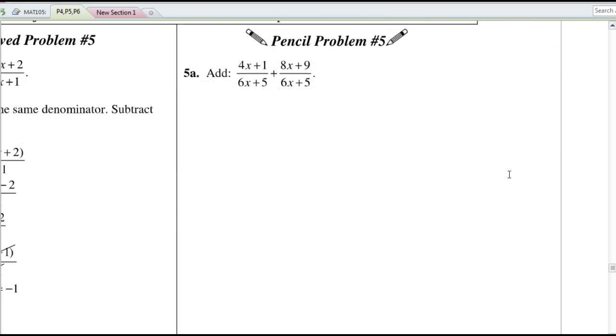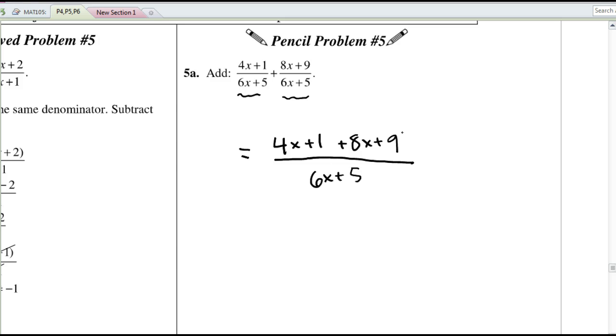So when we add fractions, we have to have a common denominator. So if we do have a common denominator, what we do is we just put the numerators together. So in this expression, notice 6x plus 5 appears in the denominator of both, so we can just add the tops and put it over the same denominator. 4x plus 1 plus 8x plus 9, and that just goes over 6x plus 5.